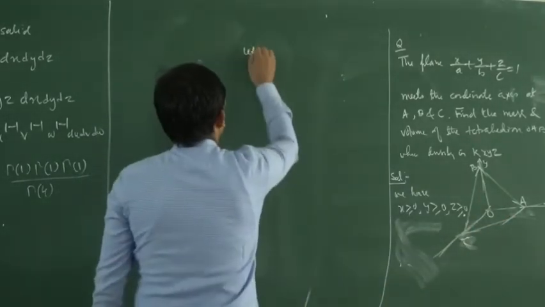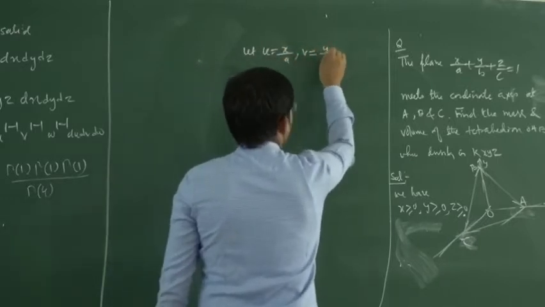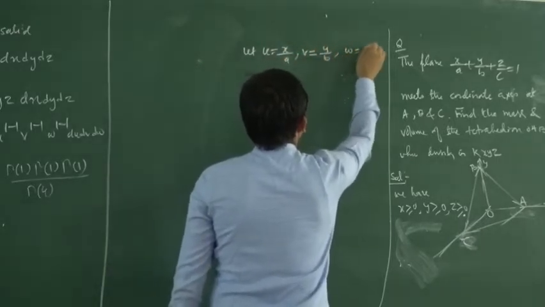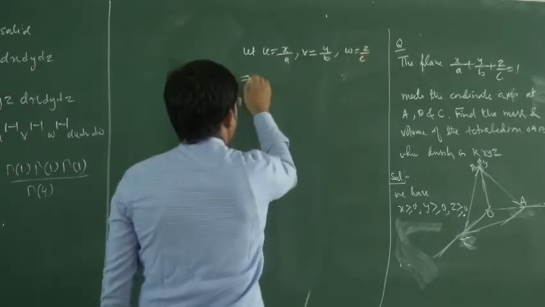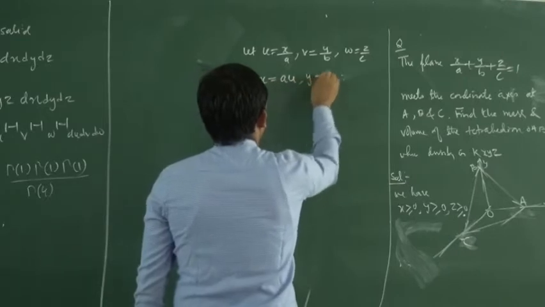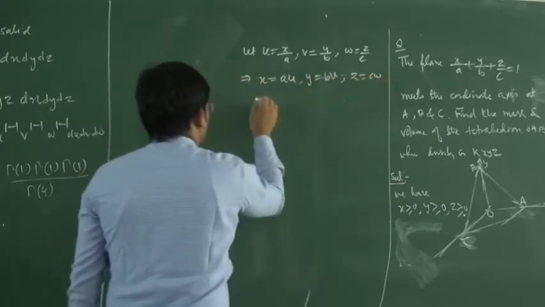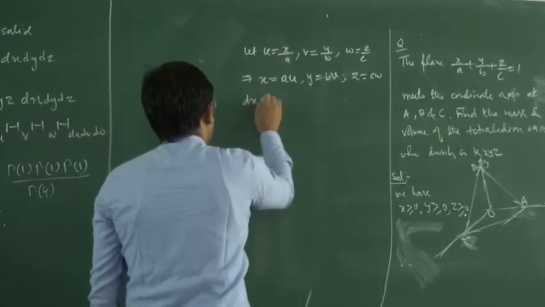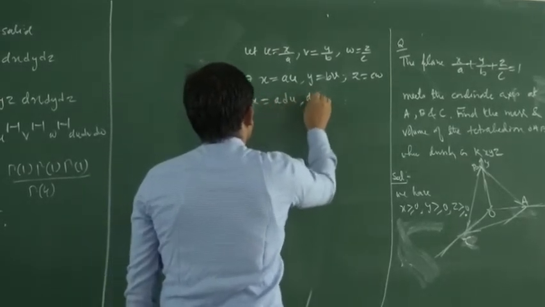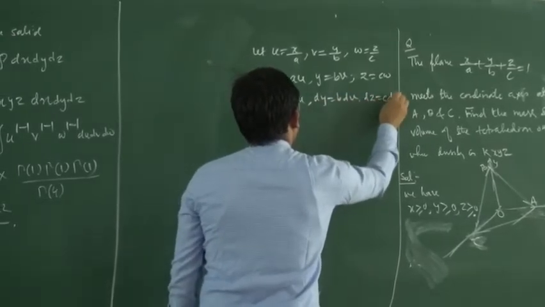So let us assume u equal to x upon a, v equal to y upon b, and w equal to z upon c. So from here we will have x equal to au, y equal to bv, and z equal to cw. In this case dx will be a into du, dy will be b into dv, and dz equal to c into dw.